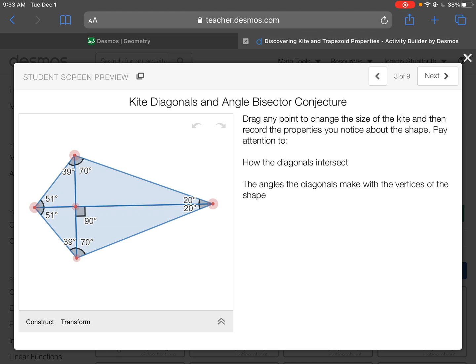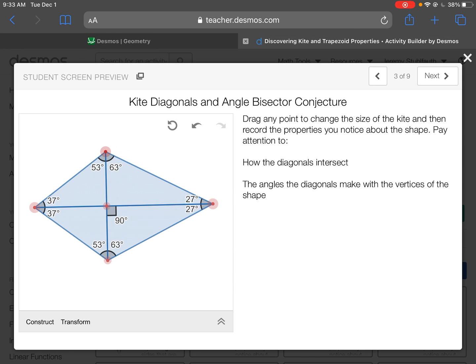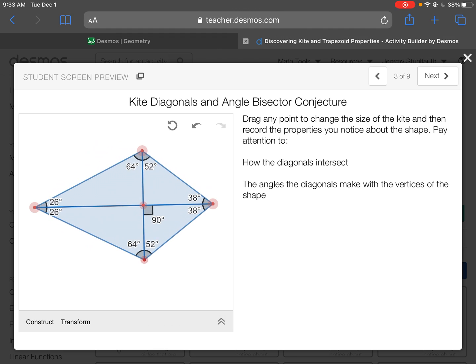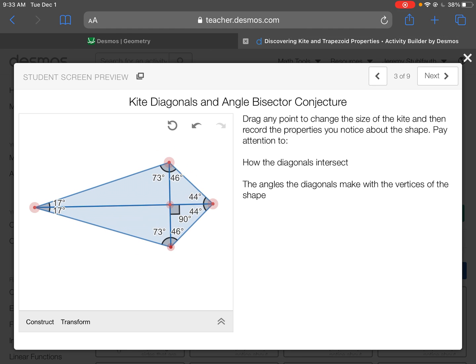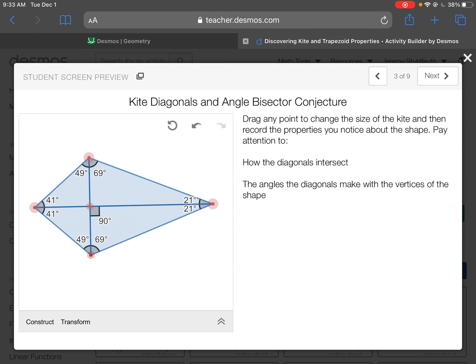And also the angles that the diagonals make with the vertices of the shape. There are two relationships that we're looking for here. What do you notice about the intersection of the diagonals of the kite? Anytime that I adjust a kite, we see that this 90-degree angle at the point of intersection never changes.